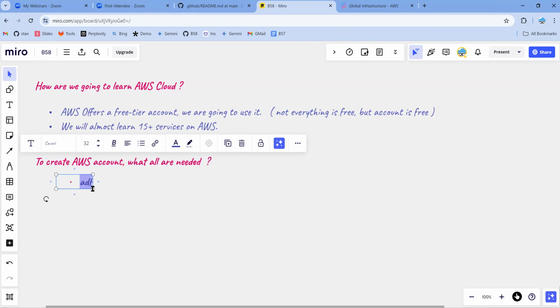All you need is just an email address, a valid credit or debit card, preferably a credit card.